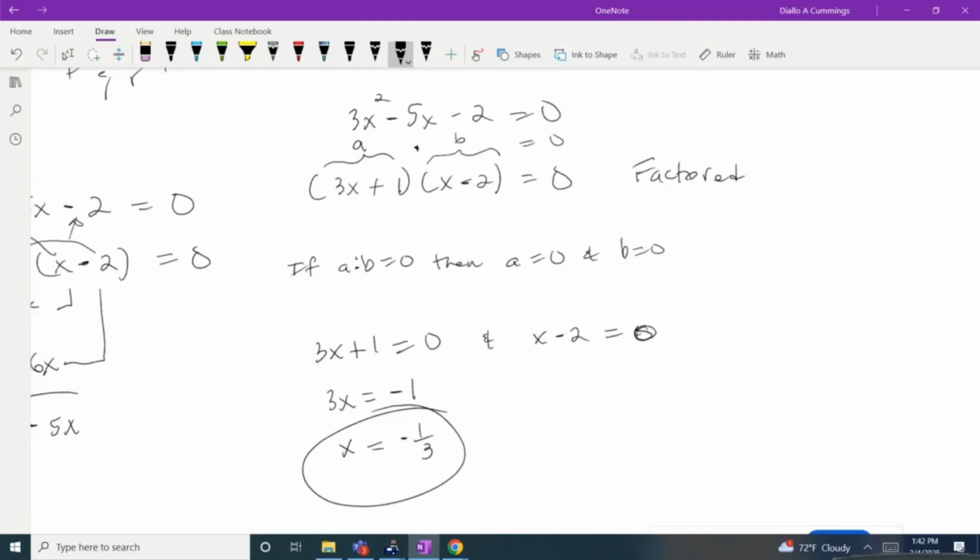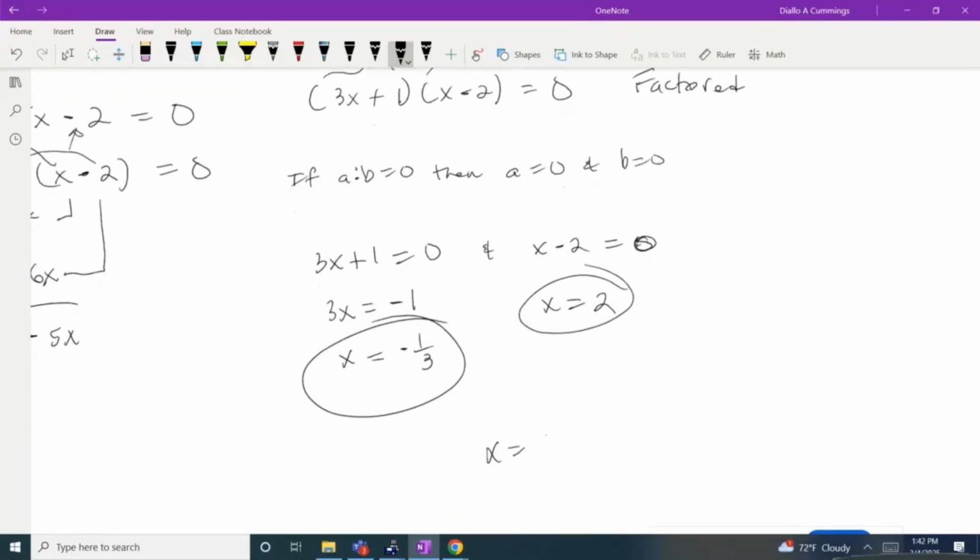So we have one of the solutions as x is equal to negative 1/3. And if we solve this equation for x, I'm simply going to transpose negative 2. When I move it to the other side, it becomes positive 2. So my two solutions are negative 1/3 and positive 2.